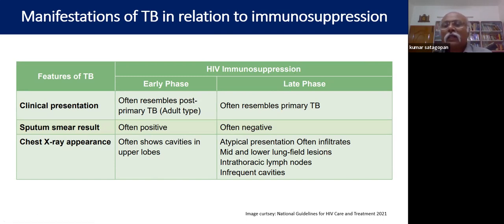Whereas in advanced immunosuppression, there will be lower lung field TB, like in diabetes, then intrathoracic lymph nodes, infrequent cavities, and the sputum smear is negative. But nowadays, because of molecular tests, we are able to diagnose TB easily even in the late phase. So it often resembles primary TB in the form of mediastinal lymphadenopathy and other atypical presentations.